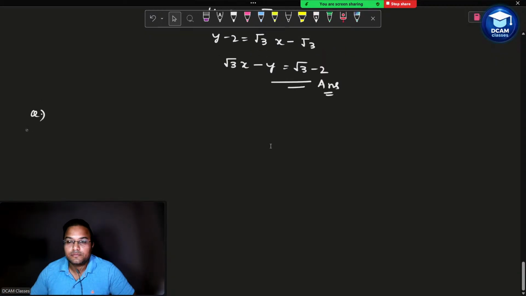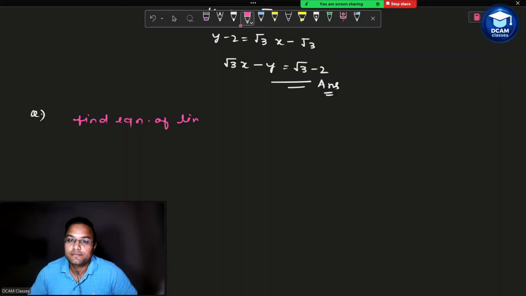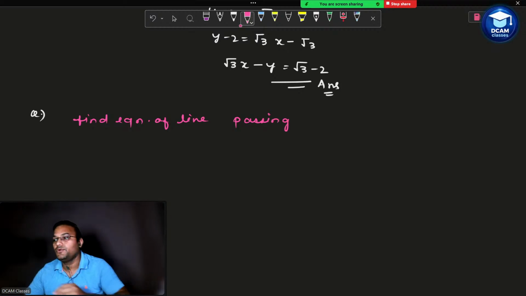Let me make one question, then we'll move on to the tough questions. Find the equation of line passing through. I'll give a similar type of question, so that when you do it correctly, I'll give you a complex one.